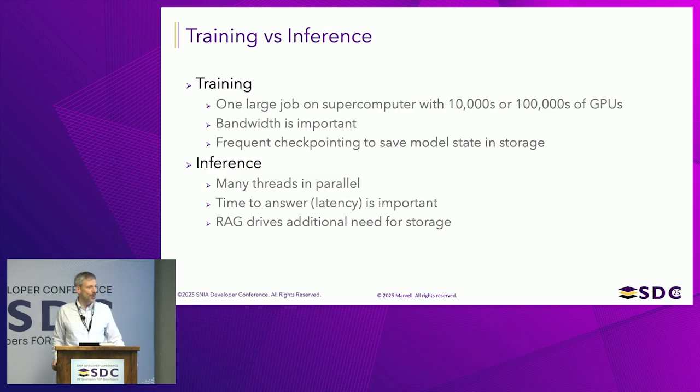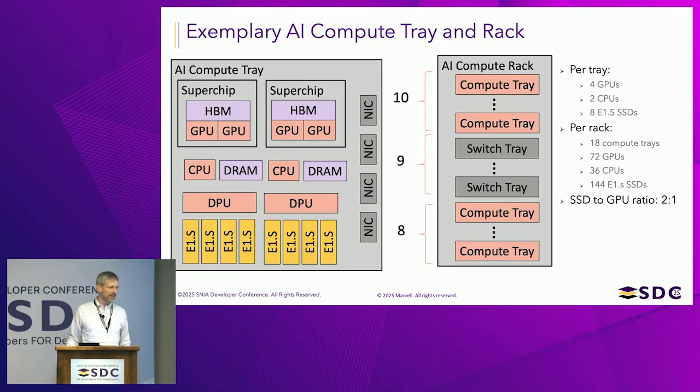And I want to show a simplified block diagram of an actual AI compute tray and AI compute rack. It's an example, but it's one leading rack currently. This is what, in principle, a Blackwell system from NVIDIA with 72 GPUs looks like. And how is it structured?